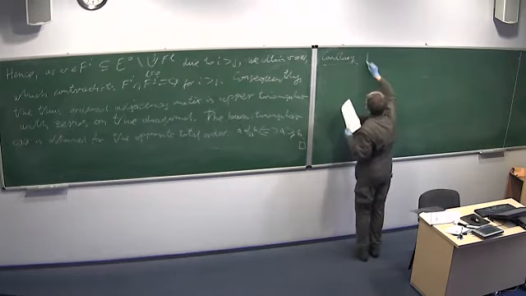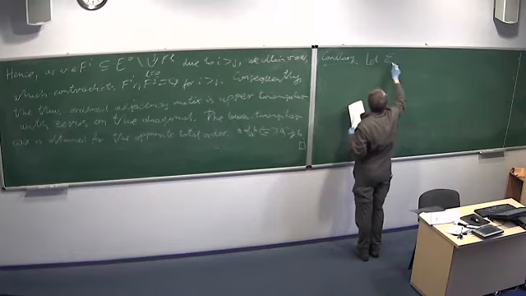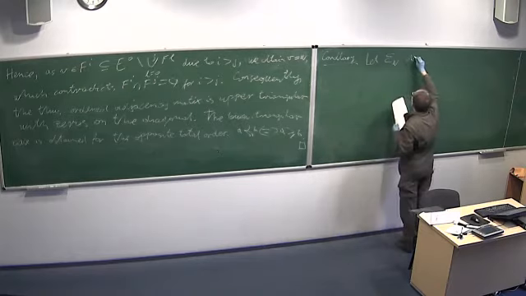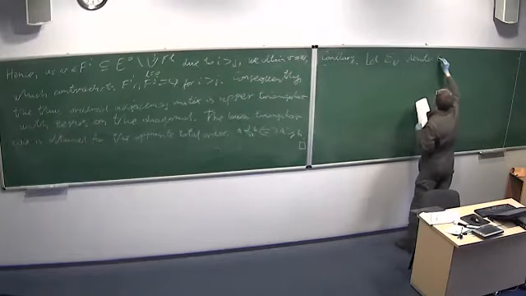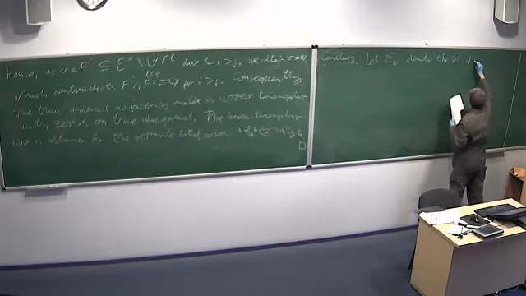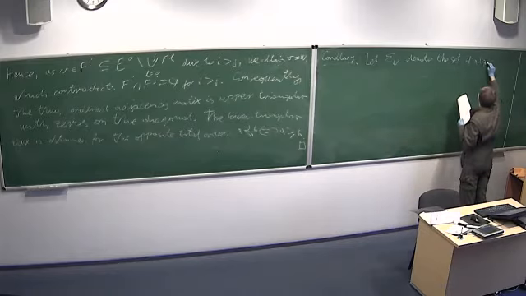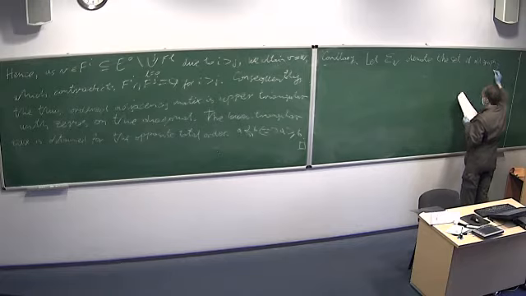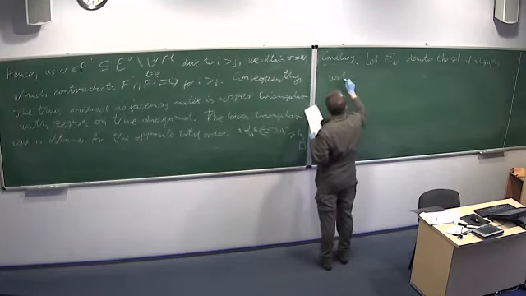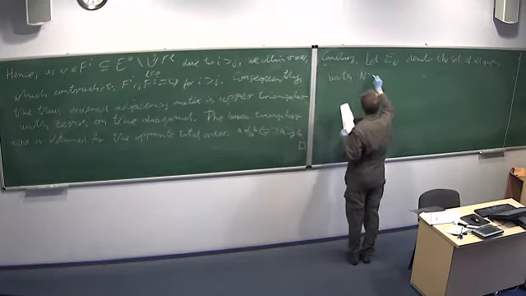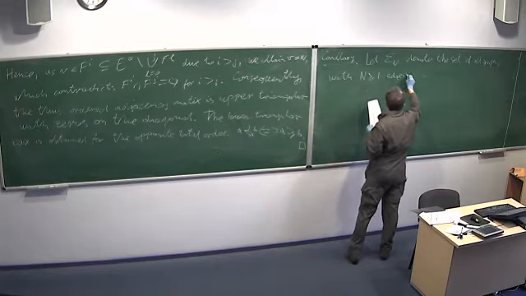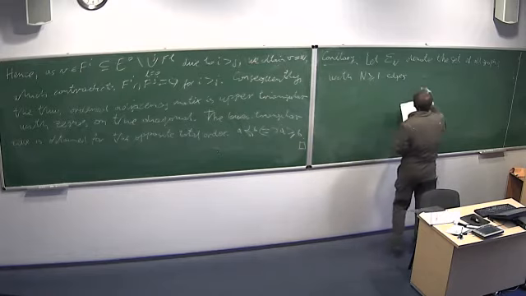Okay, so let script En denote the set of all graphs with n at least one edges and no loops.